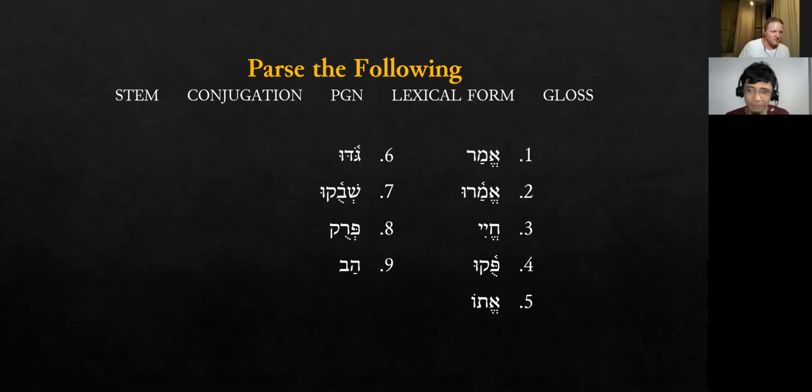All right, so the next one, 9, is hav, which is the imperative of Yehav, like he gave, so give. It's the Peal imperative, second person masculine singular from the lexical form Yehav, give. Number 10. Da. Peal imperative, second person masculine singular, lexical form Yada, to know, or Yeda.